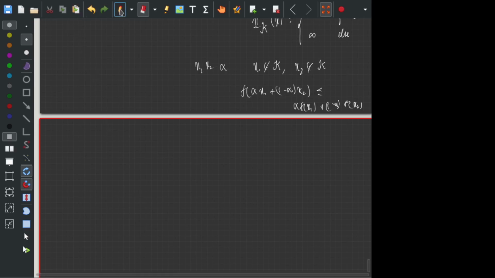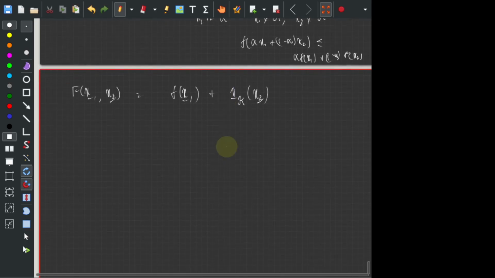Okay, let me call f of x, x1, x2 to be equal to f of x1 plus the indicator function of x2. Okay, I'm introducing a new variable over here.